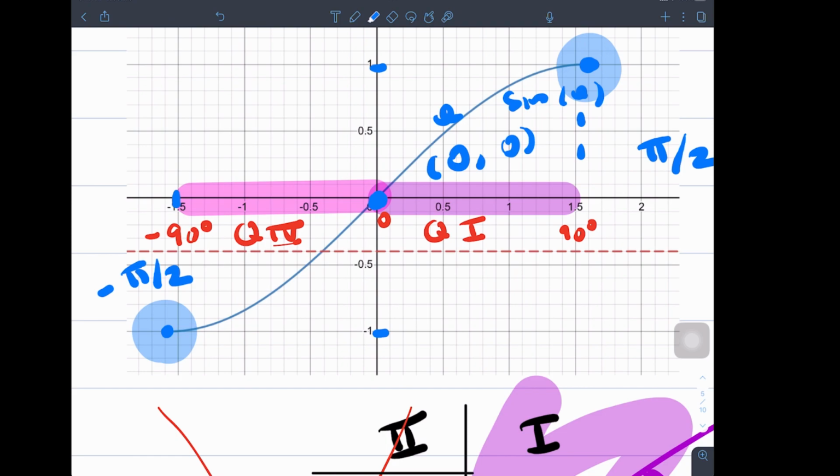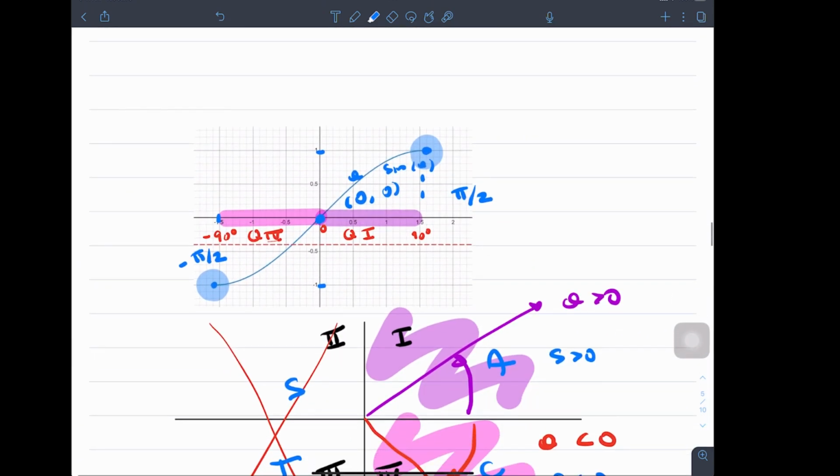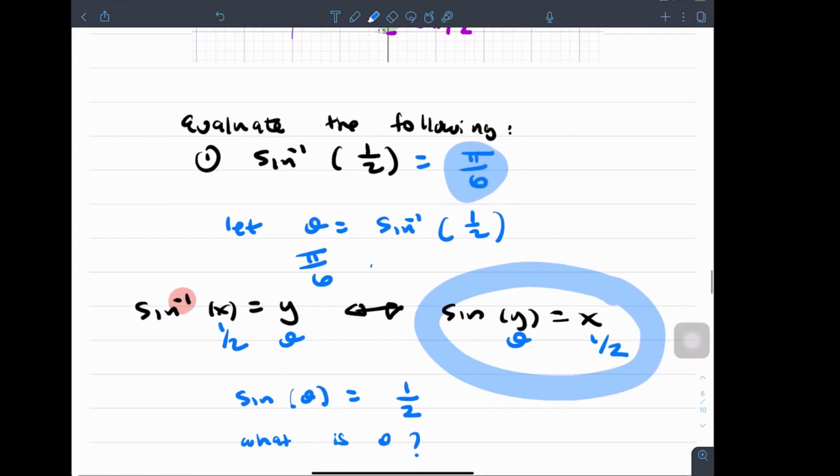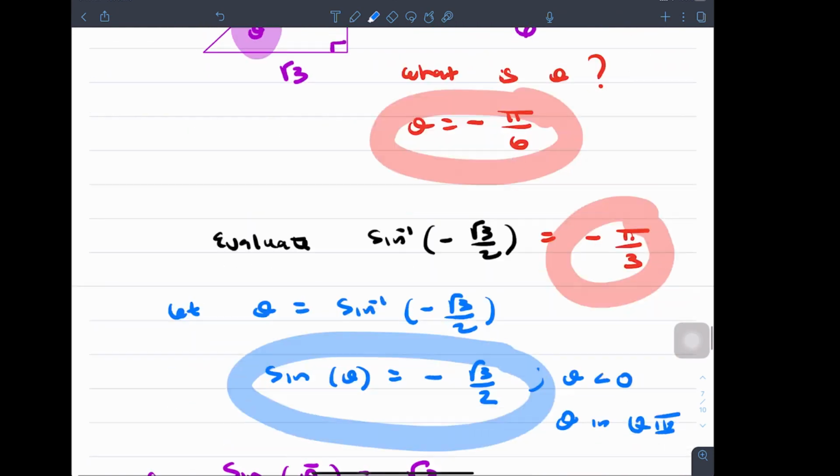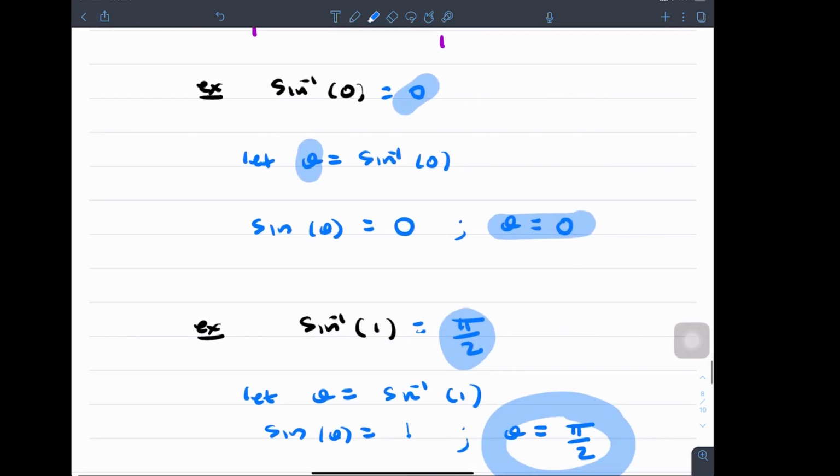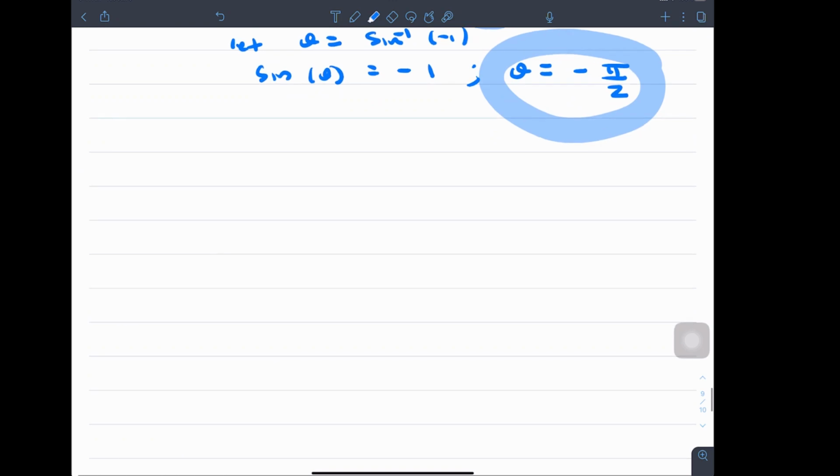We restricted the domain so that sine could be one-to-one, so it even has an inverse. Without it, we can't even have the conversation of what is an inverse sine. It's also known as arc sine, by the way. And I'll give you guys a fact, if you remember some of these facts from inverse functions.